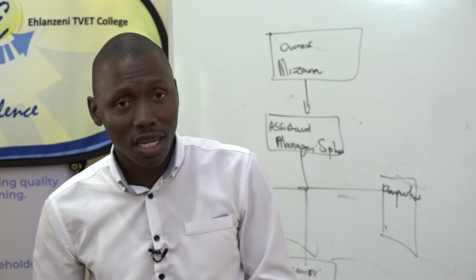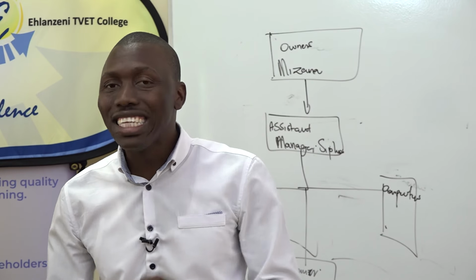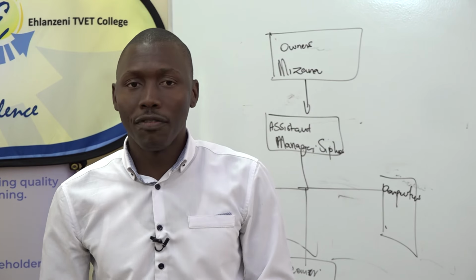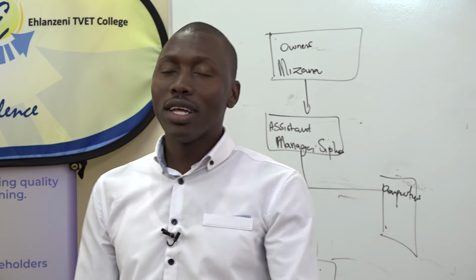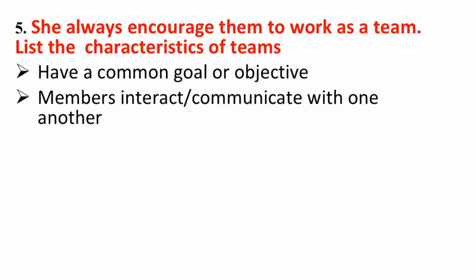Another question is, she also encouraged teamwork in the organization. List the characteristics of a team. The first one, when working on a team, you have a common goal to achieve. Secondly, members of a team interact or communicate with one another.